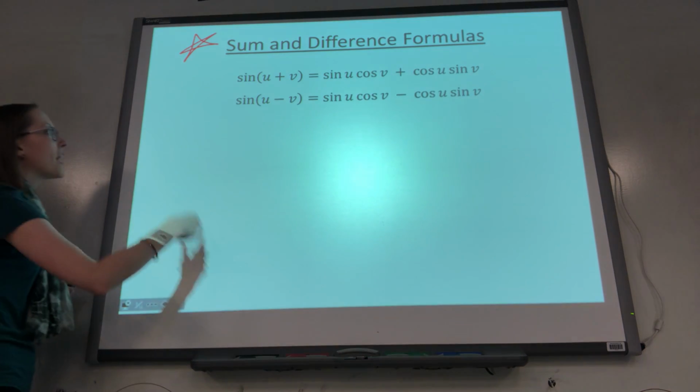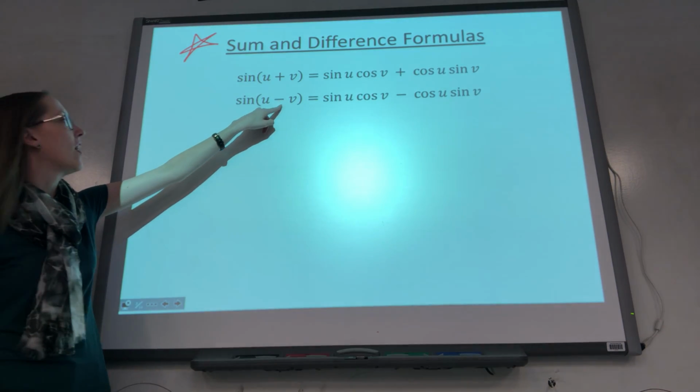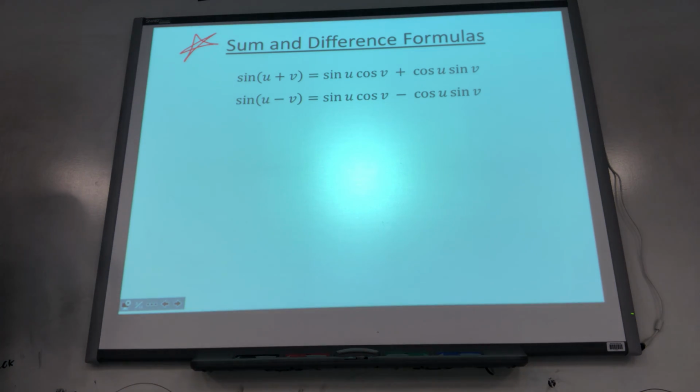Okay, now I also need to give you the difference formula for sine. It says sine of u minus v, and that equals sine of u cosine of v minus cosine of u sine of v.